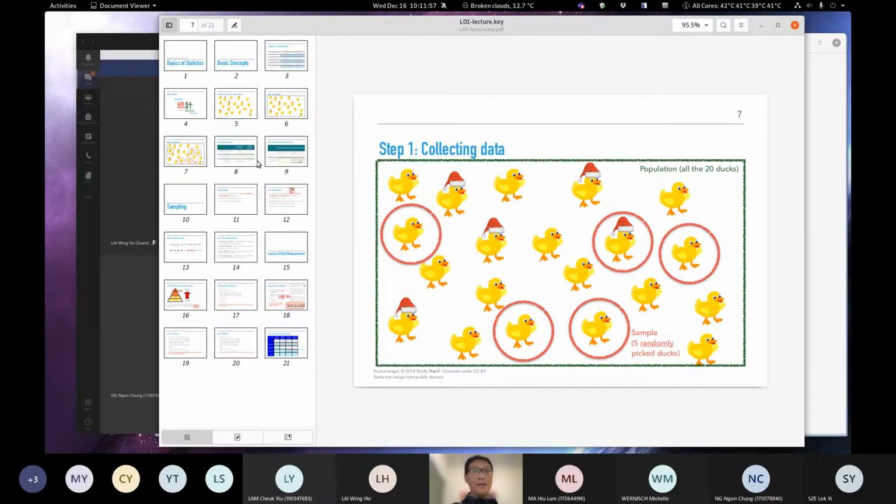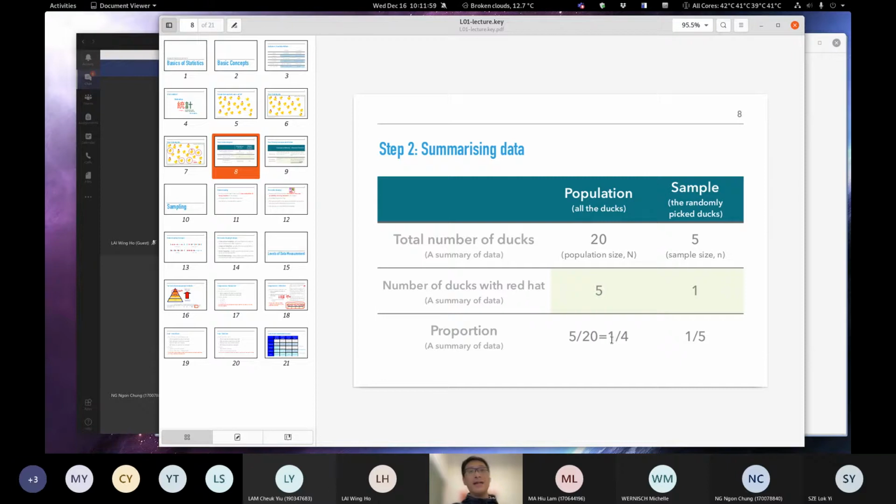In our example here, I show you that basically you have 2 answers. If you count all the 20 ducks in the population, you conclude that 1/4 of the ducks were redheads. That is 25%. That is the correct answer because that includes all the ducks in the population. But in reality, we are seldom able to consider every individual in the population. So in that case, we need to consider the sample only.